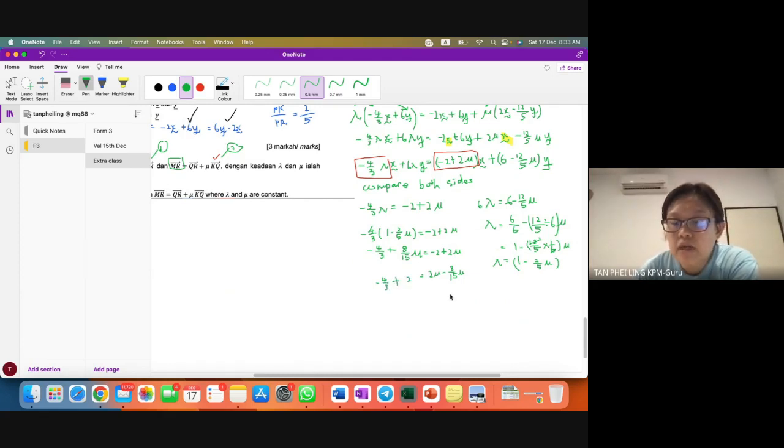Okay, so calculator, this one 15 will be 30 minus 8, 12/15 mu. Then here will be 6 minus 4, 2/3. Okay, so mu will get 2/3 times this one terbalik, 15/12.